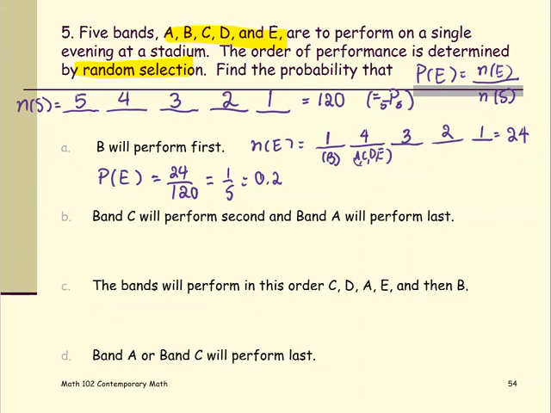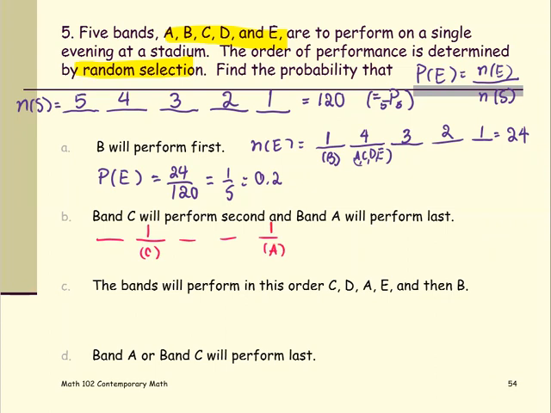For the second one, part B: band C will perform second and band A will perform last. Let's make a list again. For 5 positions, band C performs second, so only one choice for the second performance, and band A will perform last, so the last performance has one option as well.